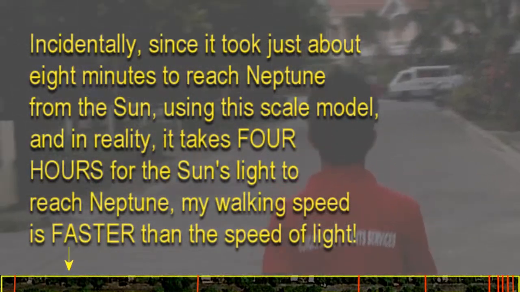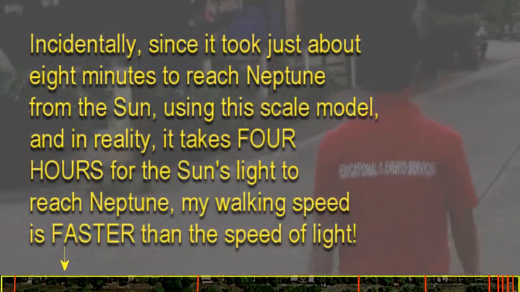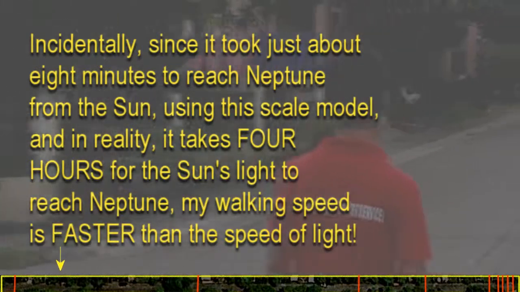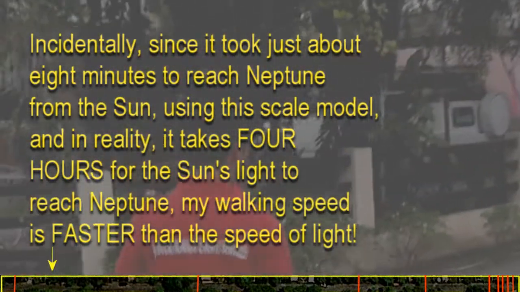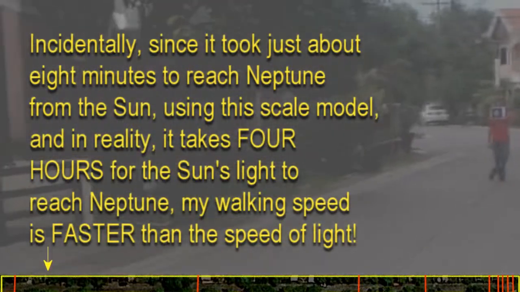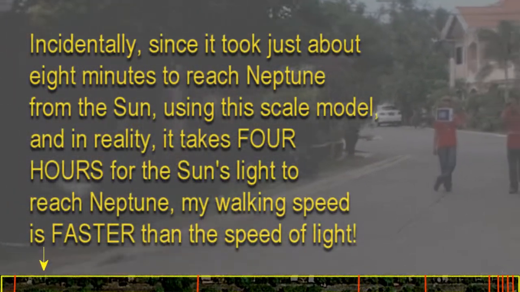Incidentally, since it took just about 8 minutes to reach Neptune from the Sun using this scale model, and in reality it takes 4 hours for the Sun's light to reach Neptune, my walking speed is faster than the speed of light.